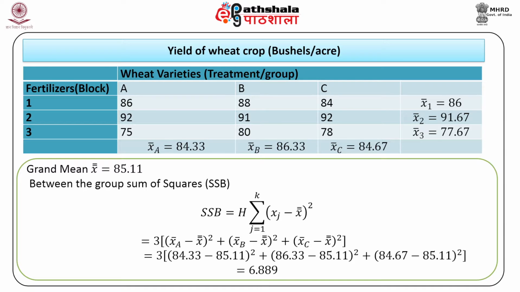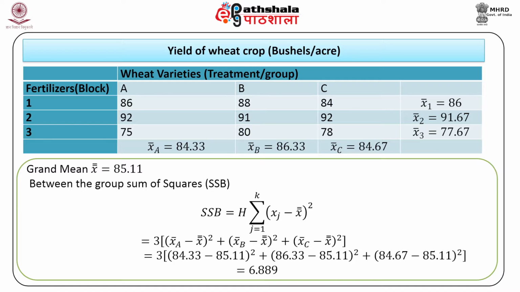The grand mean X double bar comes out to be 85.11, which is nothing but the mean of all the cell values, which are 9 in this current example. Let's try to find out the between the group sum of squares or SSB. SSB is equal to h into summation of xj bar minus x double bar whole square, where j varies from 1 to k.